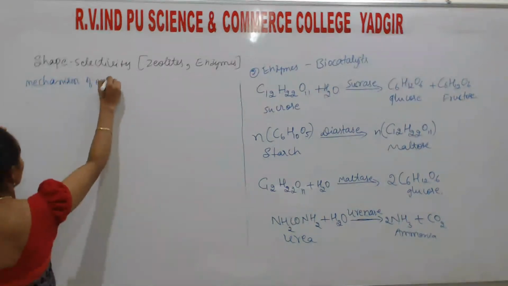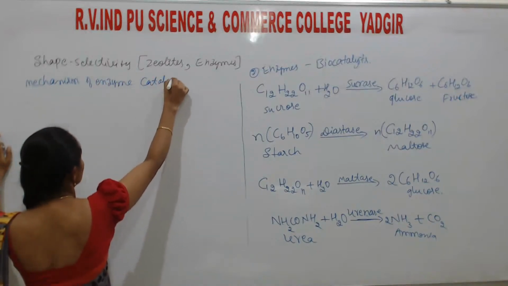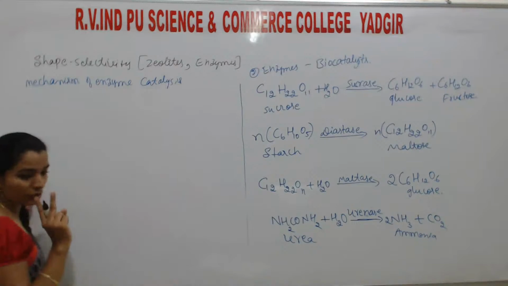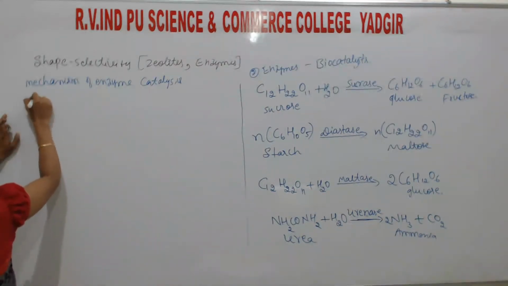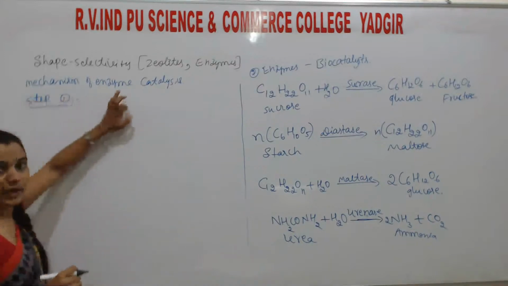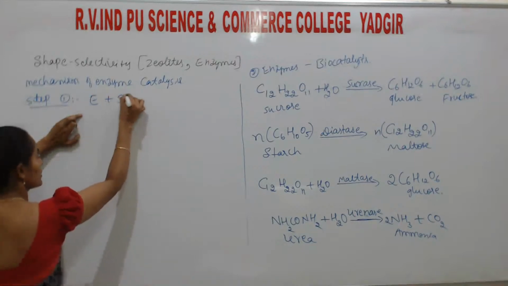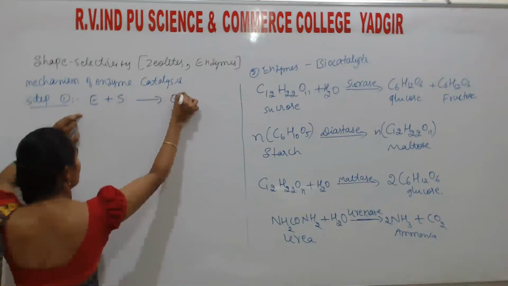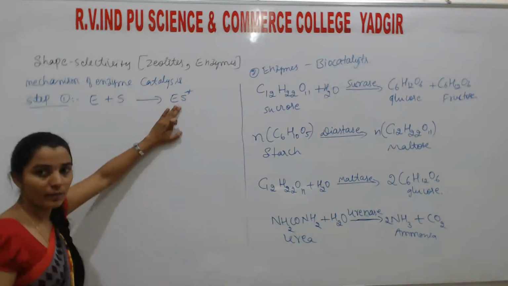Mechanism of enzyme catalysis. Students, there are two steps. In step 1, formation of the activated complex. For example, the enzyme reacts with the substrate to form ES*. This is the activated complex.